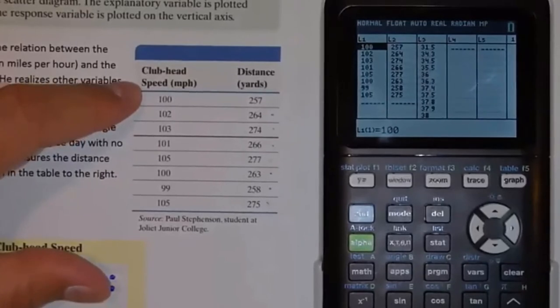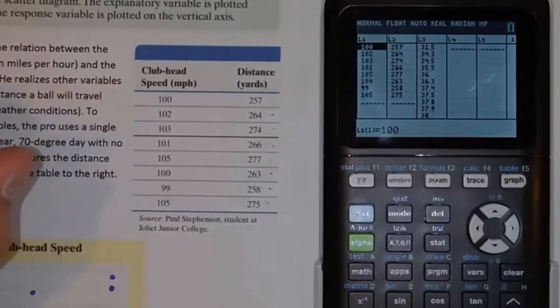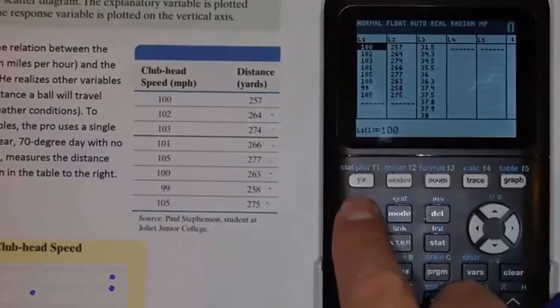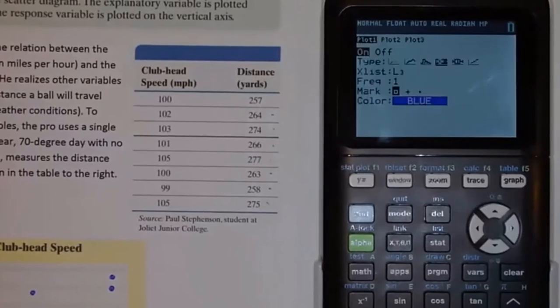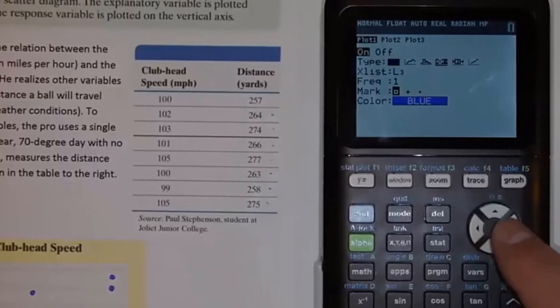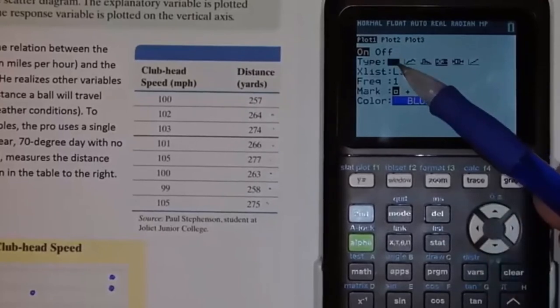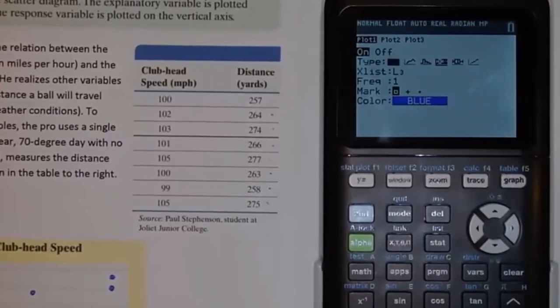Once you have the data entered into the list, we can create a scatter plot or a scatter diagram in the same place where we did histograms and box plots. So I can go to Second and Stat Plot. I'm going to choose a plot and turn it on. So in this case, the kind of graph that we're going to do is this first option. That is a scatter plot.